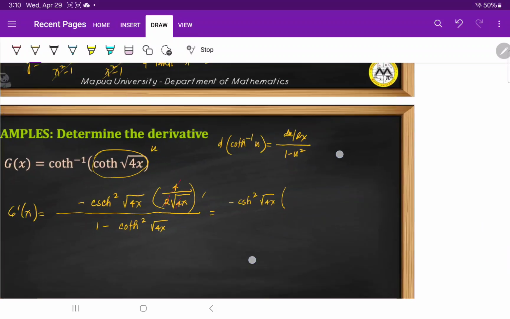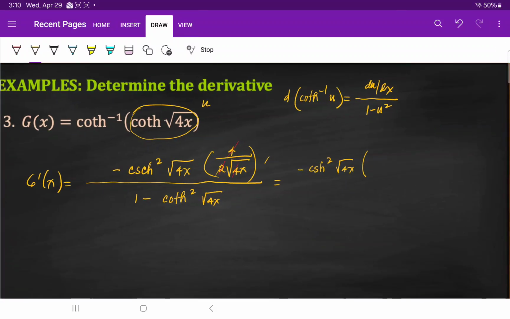Times 1 over the square root of x. Right? Square root of x. Because we cancel the 2. And then in the denominator, we have 1 minus hyperbolic cotangent square of the square root of 4x.